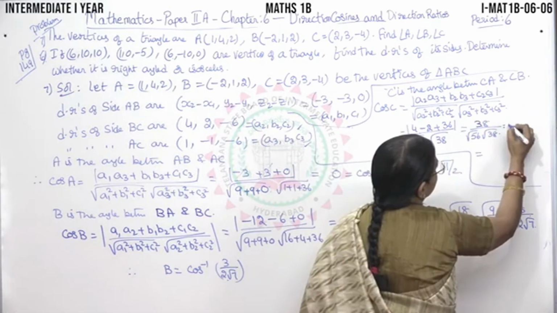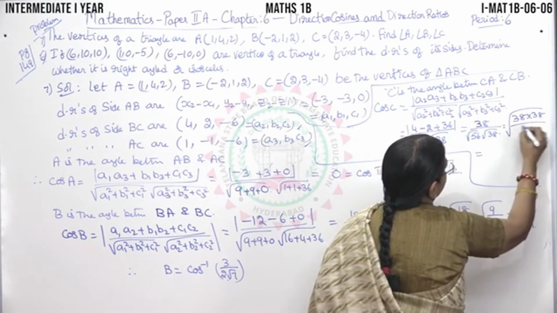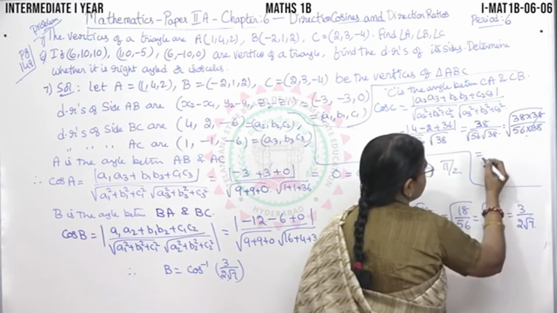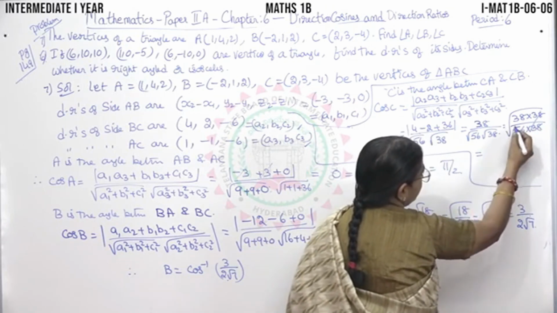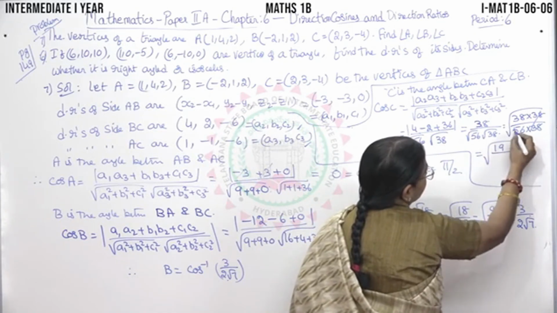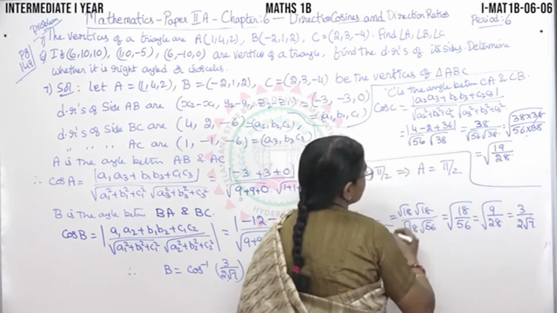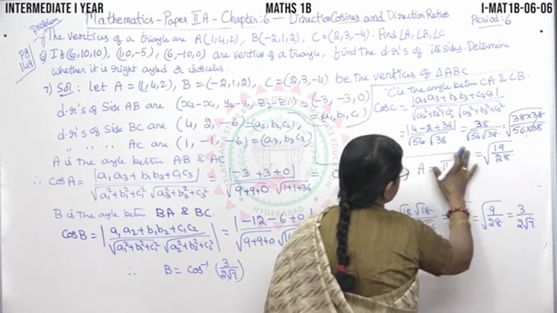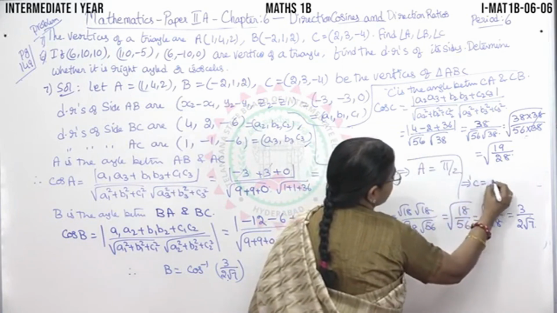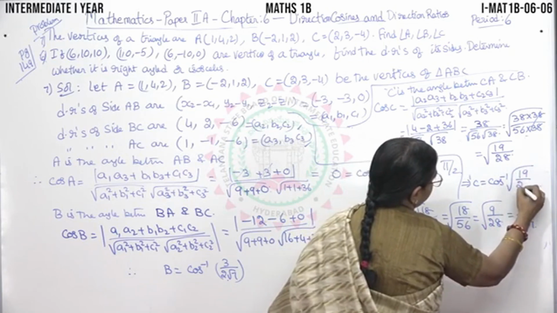It is root of 38 into 38 by 56 into 38. 38 gets cancelled, and when you simplify it, when you cancel 2, it becomes 19 by 28. So C is equal to cos inverse of root of 19 by 28.